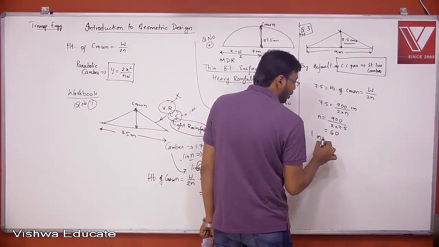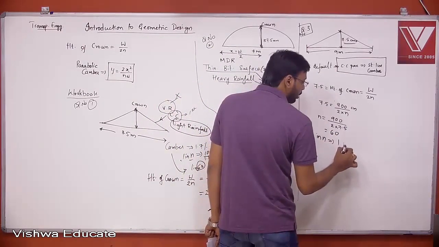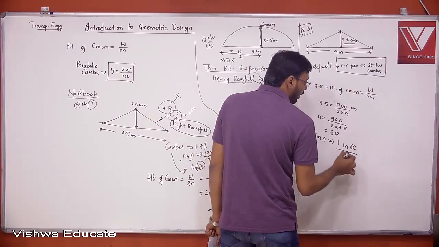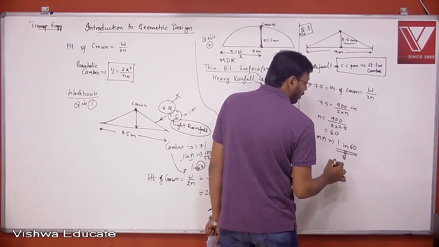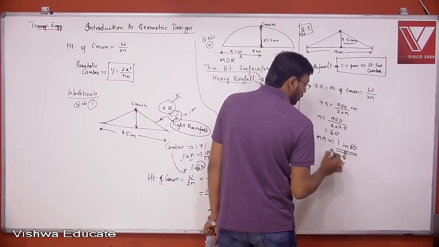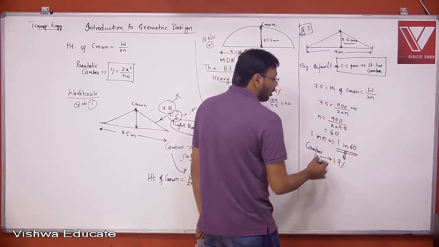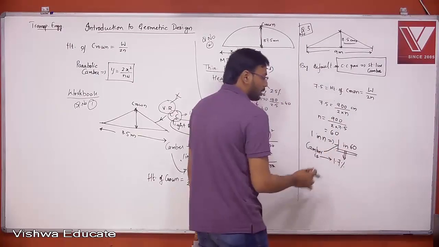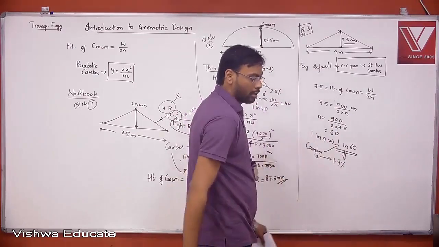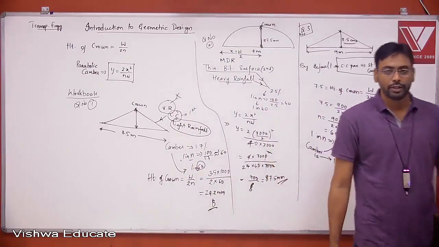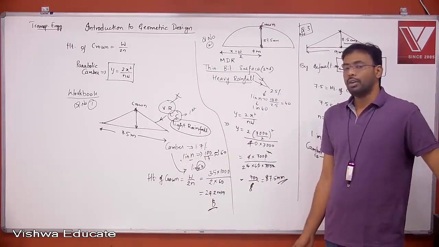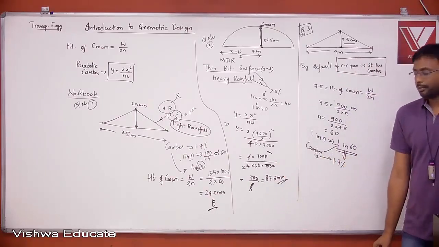So the camber 1 in N is nothing but 1 in 60, and 1 in 60 is simply 1.7%. So camber is 1.7%, or 1 in 60, right? So this is how we calculate the cambers. You can note it down.